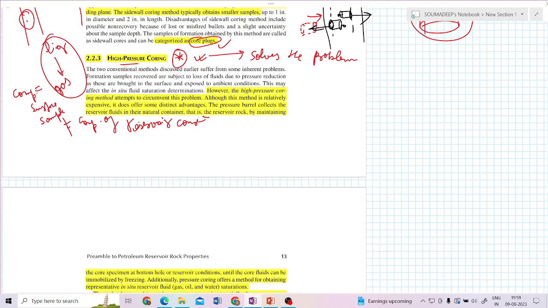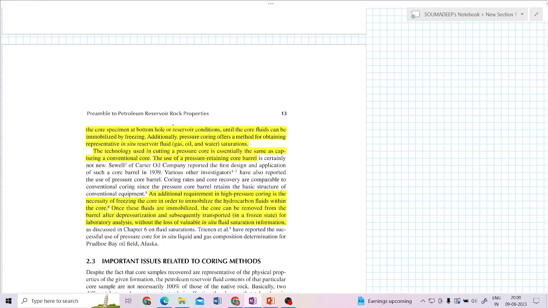The pressure barrel collects the reservoir fluids and the natural content, that is the reservoir rock, by maintaining the core specimen at bottom hole or reservoir conditions. As we have seen, the whole core used a core barrel and sidewall coring used core bullets. Here we use a pressure barrel. Remember which method uses which instrument; nothing difficult.